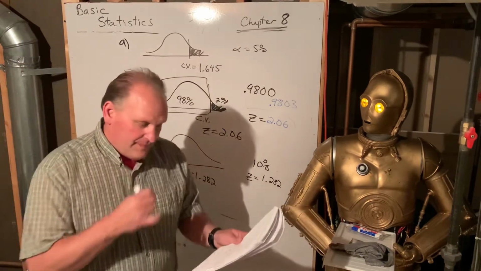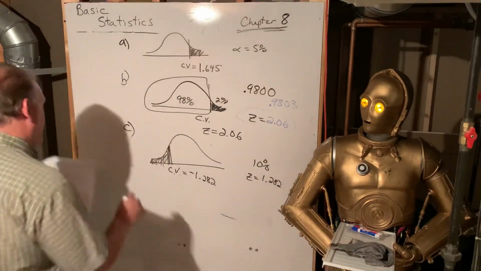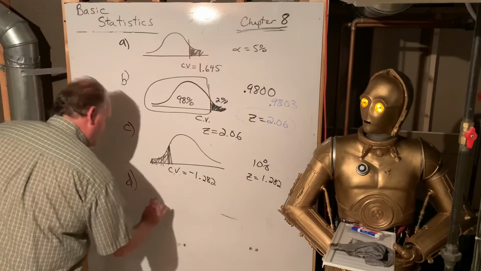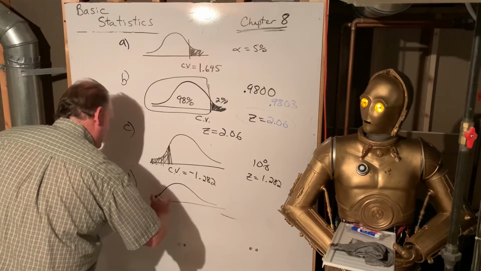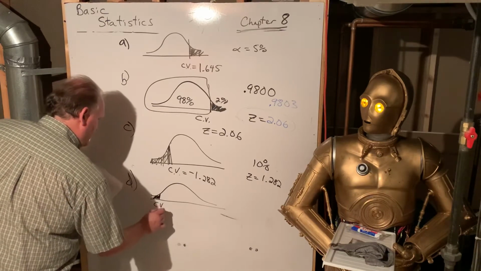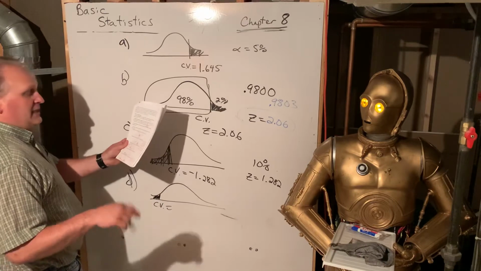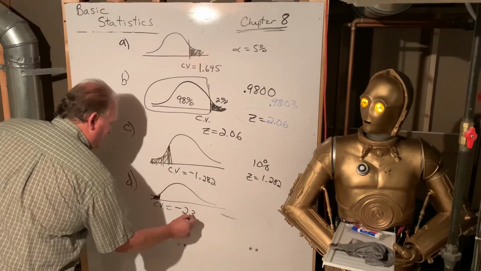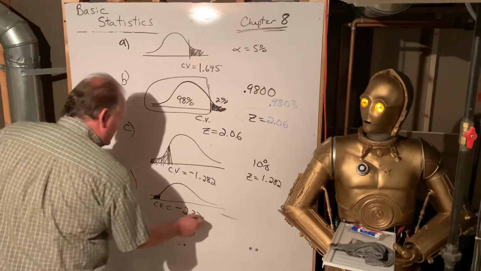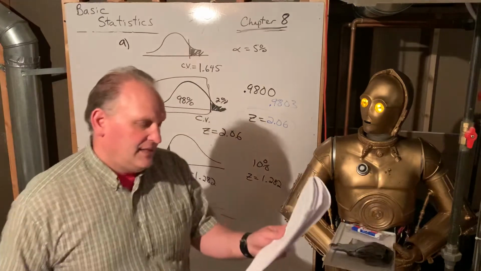All right? Left tail, 1%. Again, we could use table F. Look up 1%, follow it all the way back, it's 2.326, but we're going to make it negative 2.326 so that it goes with the left tail.